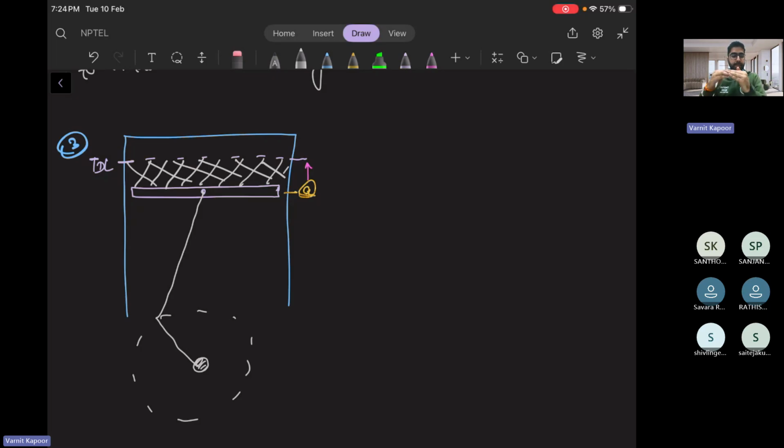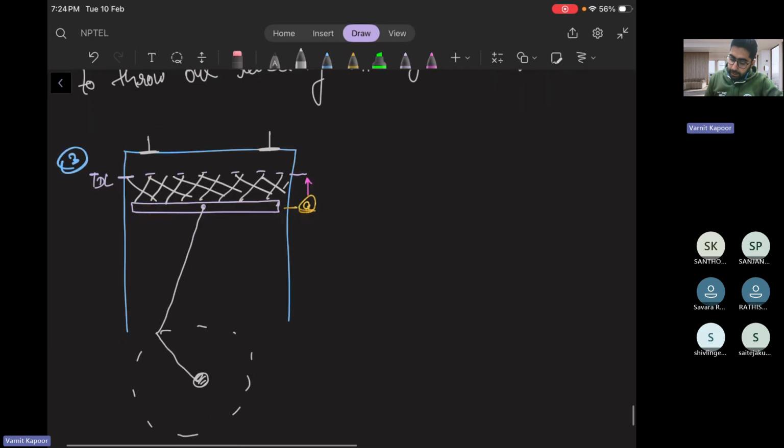This volume is still to be reached, but the exhaust valve will close at this point. It's not that when it reaches completely to the TDC, we close the exhaust valve. The reason behind this is that it is basically a camshaft assembly.